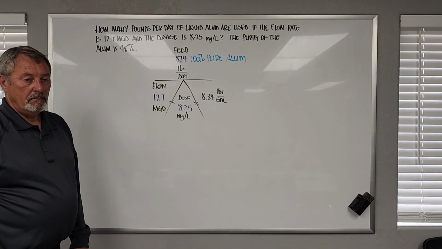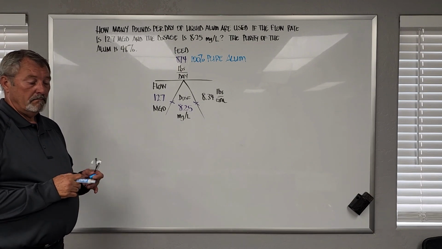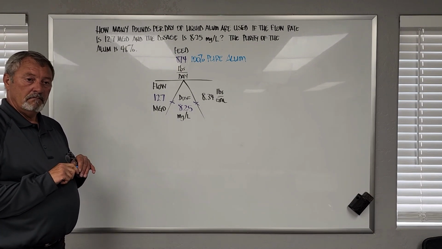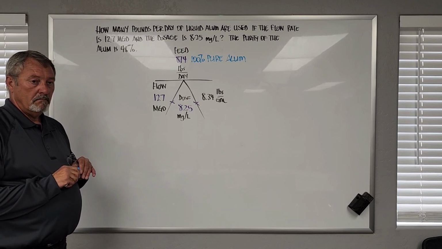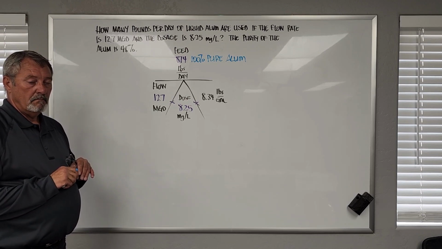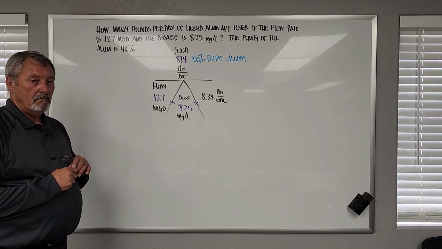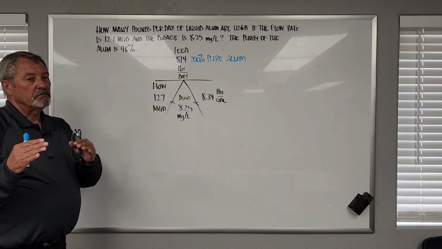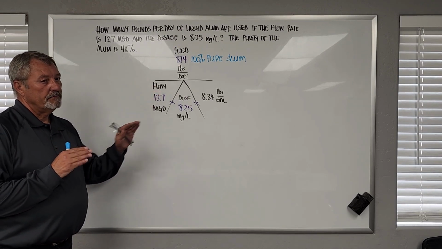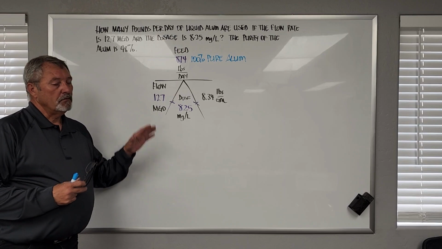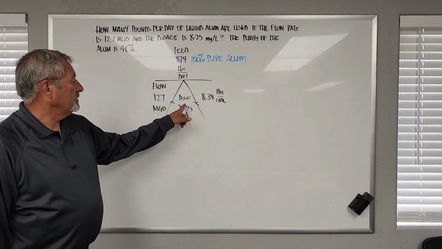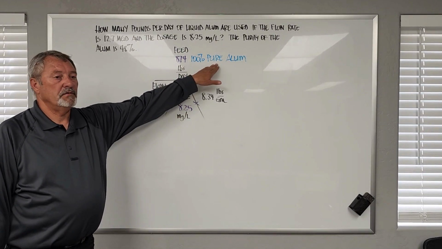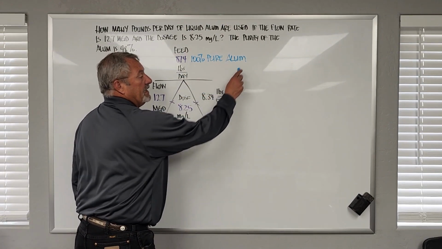Okay, but if you're doing it like this, now I'm going back to the way I did it before: if that's how much you need at 100%, 874 pounds per day at 100%, it's saying the purity is 48%. Just follow this with me. This formula is assuming that the chemical that you're dosing is 100% pure. In this case, it happens to be alum.